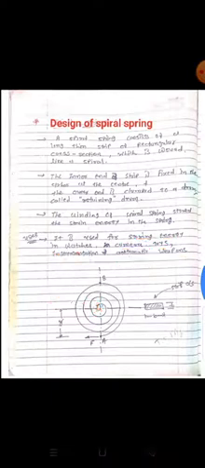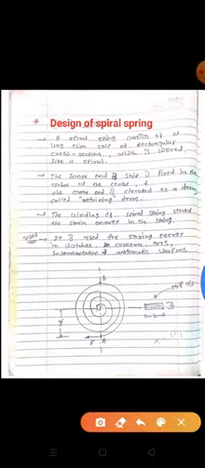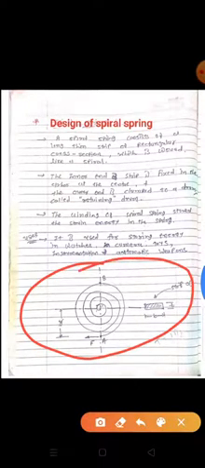Here is the simple diagram of the spiral spring. Here we have point A and point B, force F, and the distance R from the force to the center of the spiral spring.